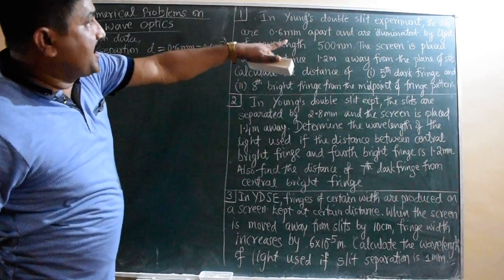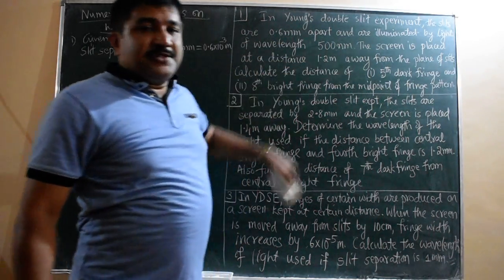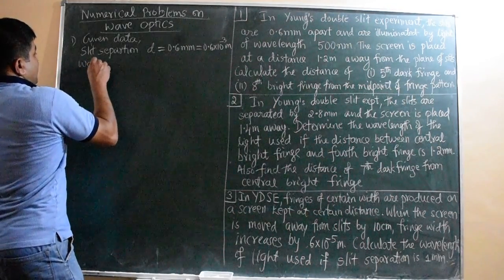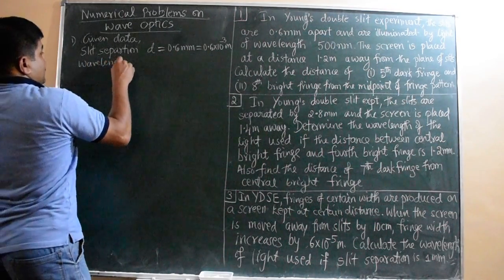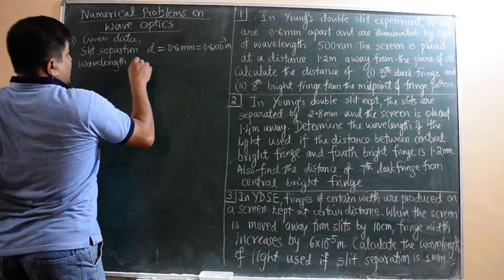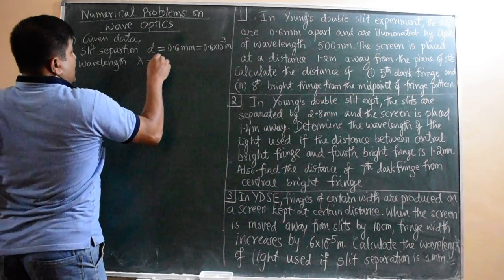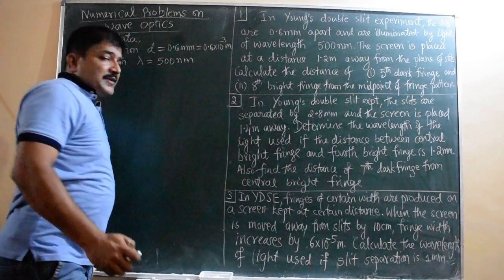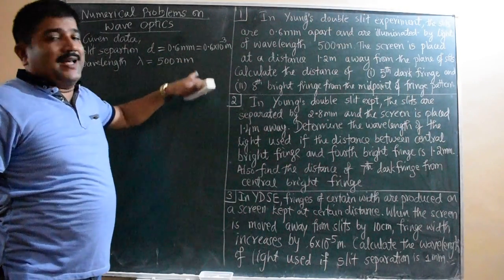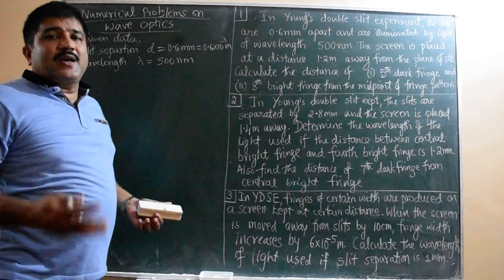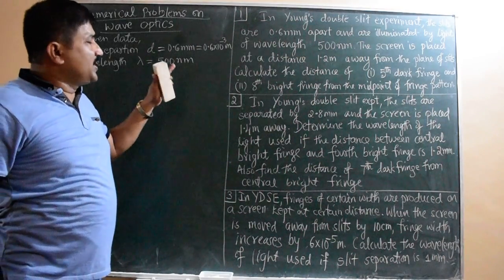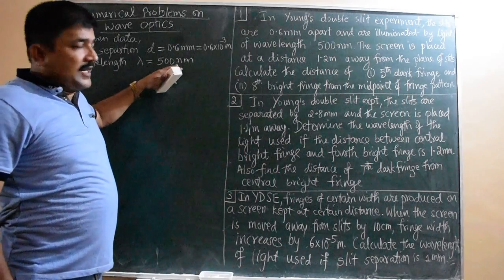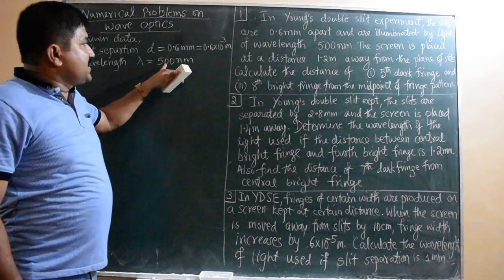The next number given is the wavelength of the light used in the experiment, 500 nanometer. So write the data: wavelength lambda equal to 500 nanometer. Usually wavelength is given either in nanometer or in angstrom; they rarely give it in powers of 10.